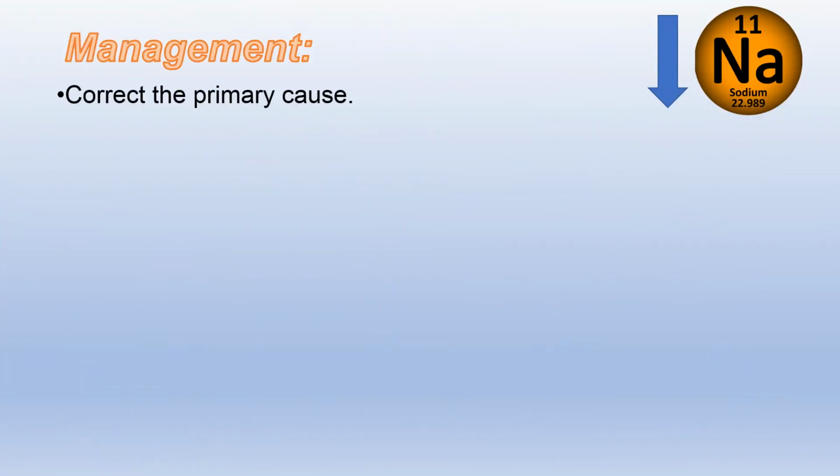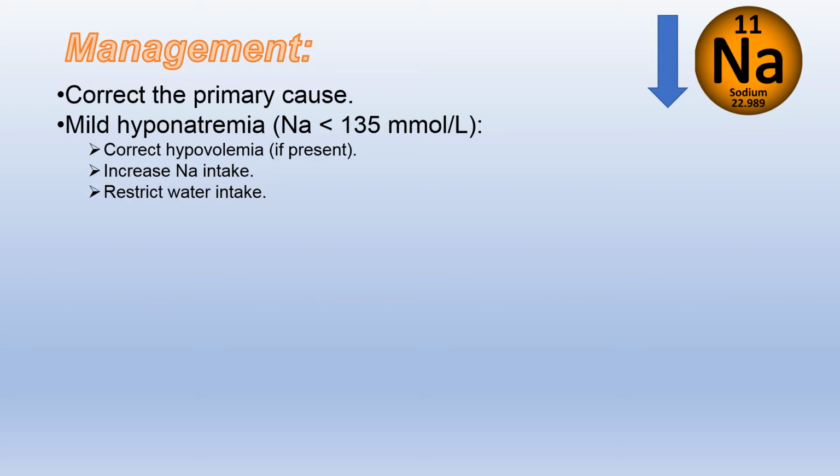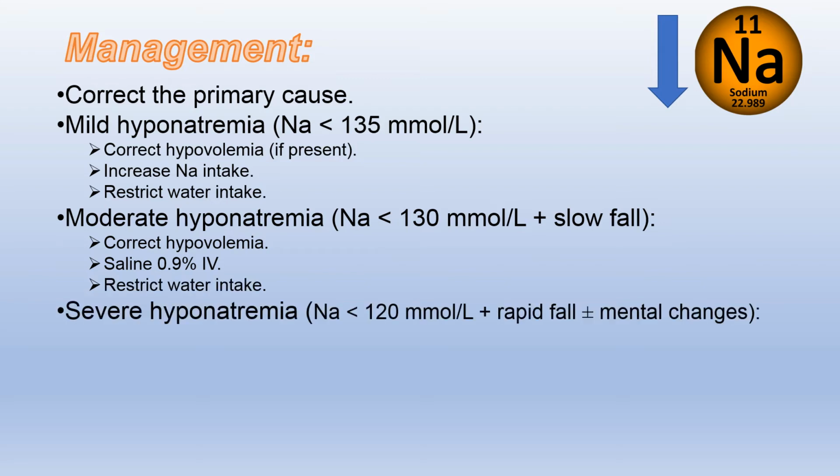Management. Correct the primary cause. In mild hyponatremia, that means sodium is less than 135 millimole per liter, correct hypovolemia if present, increase sodium intake and restrict water intake. In moderate hyponatremia, correct hypovolemia, saline 0.9% intravenously, restrict water intake.